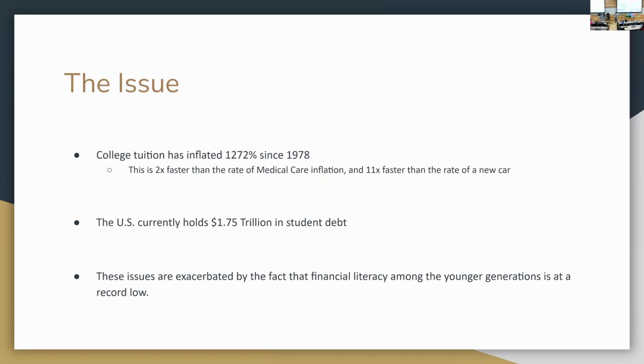And because of this, the United States currently holds about $1.75 trillion in student debt in the aggregate. And what I suspect is the main culprit of this is the fact that financial literacy among the younger generations is at an all-time low.